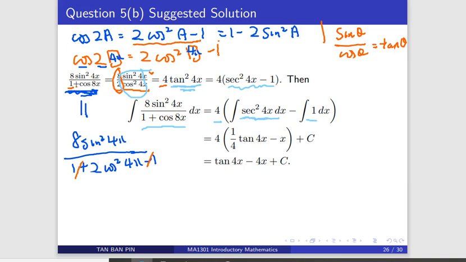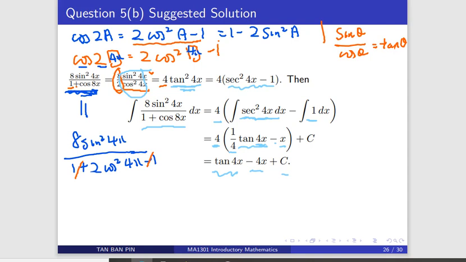Integrating secant squared 4x gives you tangent 4x with 1/4, because you need to divide by the coefficient of x, and integrating 1 gives you x. After that you can expand out. 4 and 1/4 give you 1, so 4 times 1/4 tangent 4x just gives you tangent 4x. 4 times x gives you minus 4x, plus c.